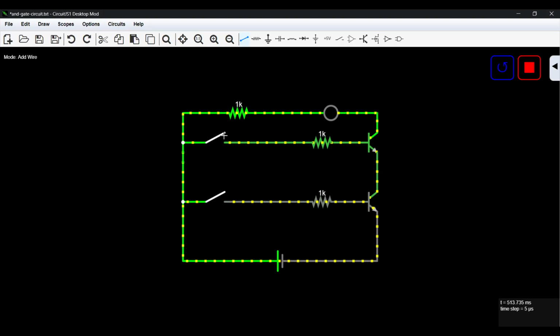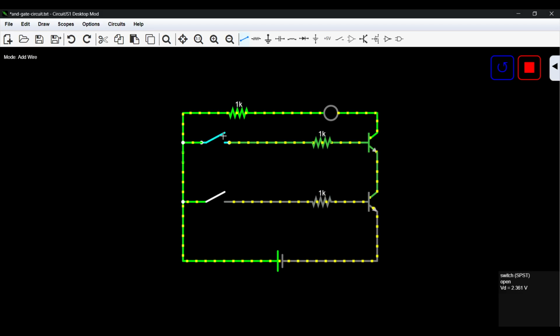So let's look at the larger circuit. If current is not flowing, if input A is off and input B is off, then the output is off.